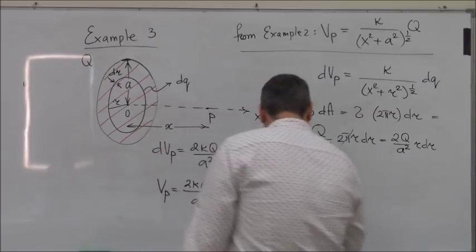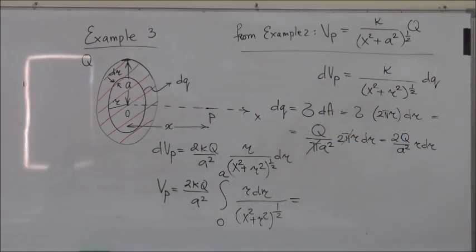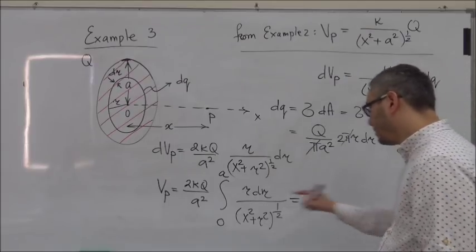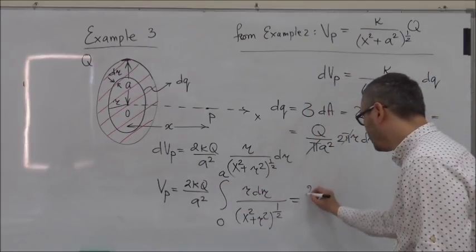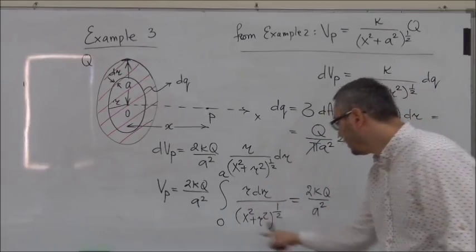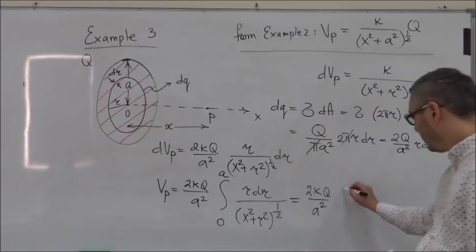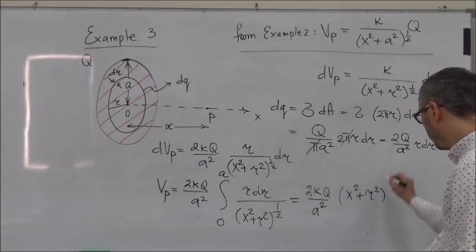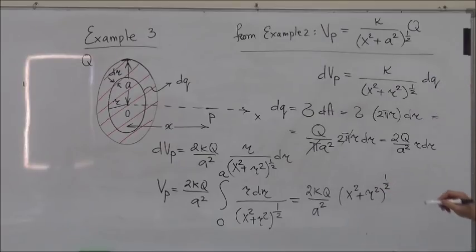In this course, you are not expected to be able to take these integrals, so you can just look them up from a textbook or from a table of integrals. And if you do, this is what you get. You get this constant, 2kQ over a squared, and the integral is x squared plus r squared to the power 1 over 2, from 0 to a.